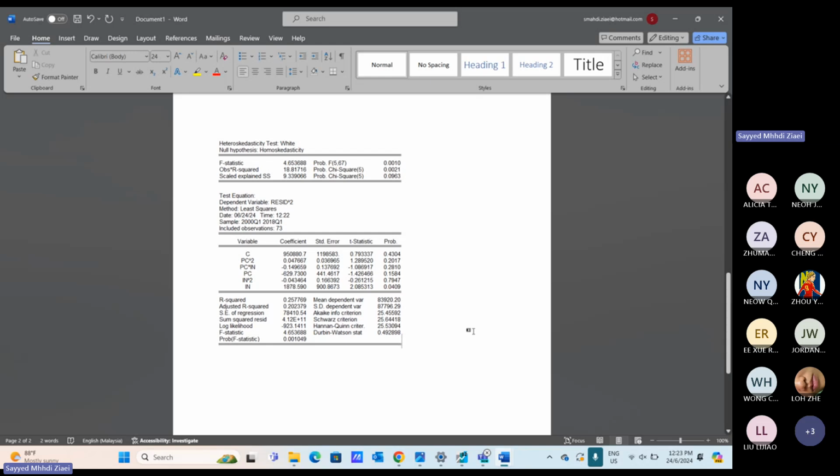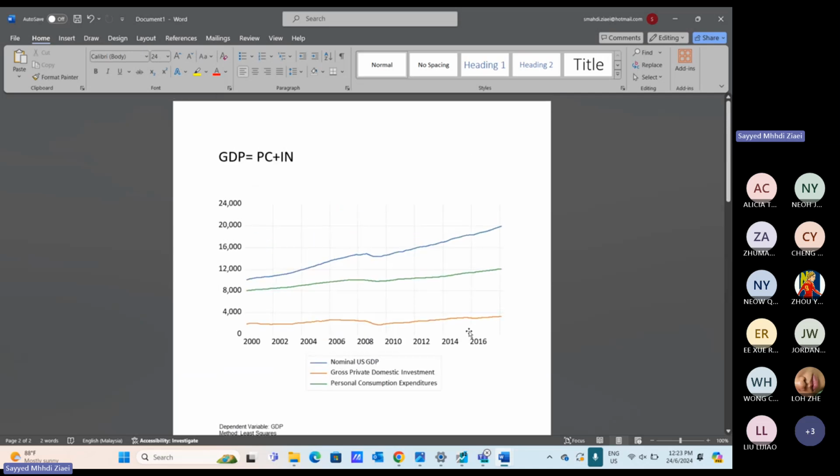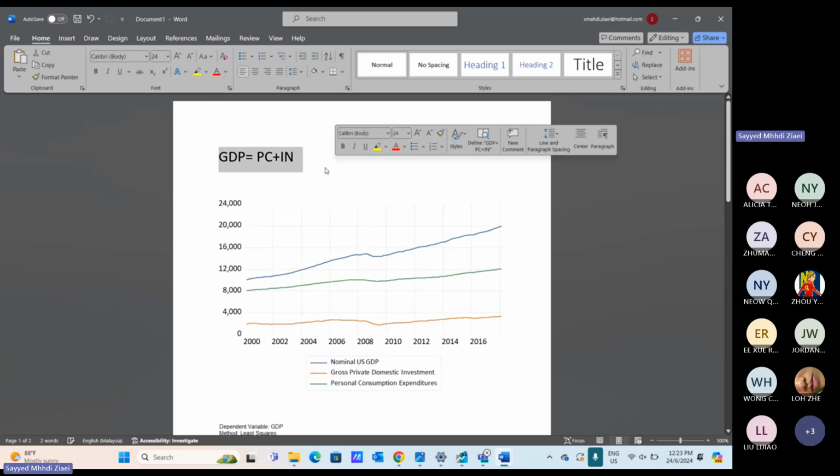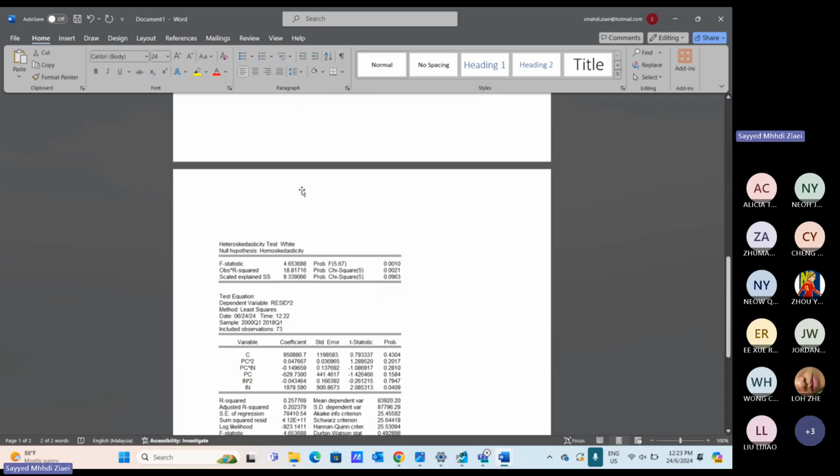One of the ways that you can fix the problem of heteroscedasticity is to take the logarithm, ln. So again, I'm going to rewrite the first function. This round, I'm going to put ln.